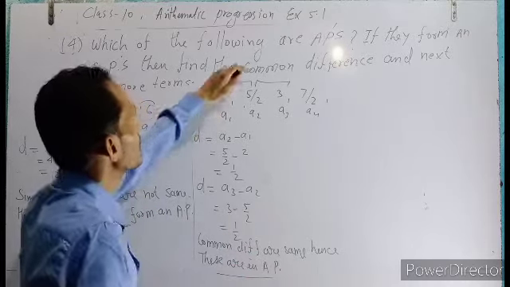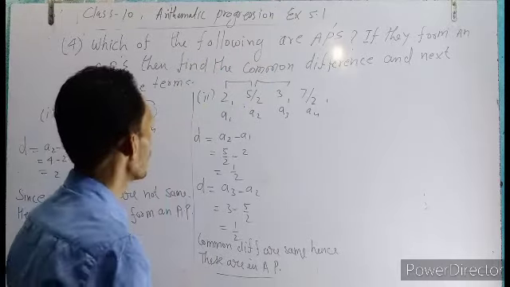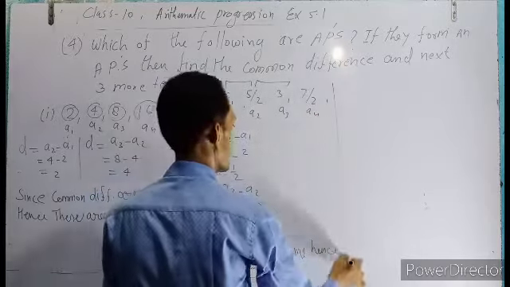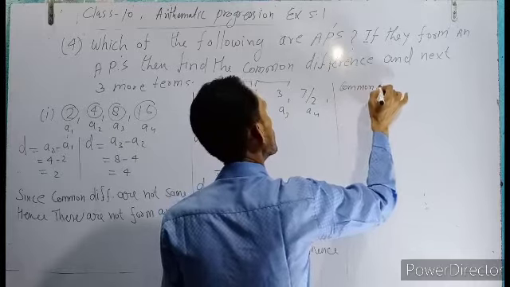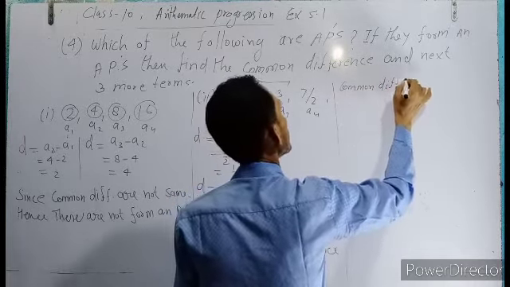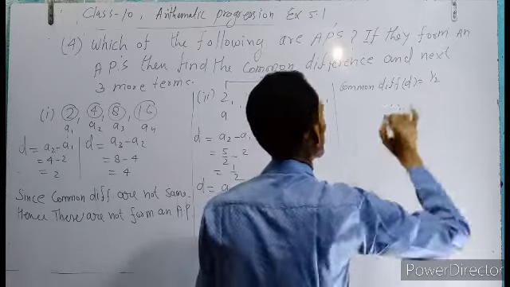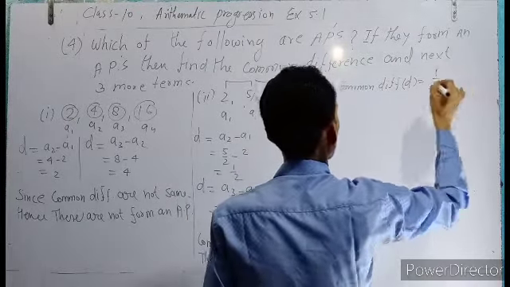If there is an AP, what does it mean? If they form an AP, then find the common difference. The common difference we already found out. So what can we write here? Common difference D equal to how much? You find 1 upon 2, okay, 1 by 2.